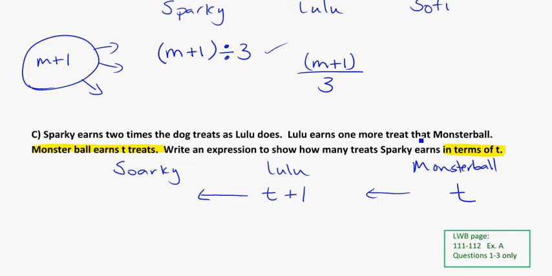And now moving further back through the sentence, we notice that Sparky gets 2 times the dog treats as Lulu. So we're going to say Sparky gets 2 times the dog treats that Lulu gets. And the reason I'm putting brackets around that again is because t plus 1 is everything that Lulu gets, so we need to make sure we times 2 to everything that Lulu gets, so we use the brackets.